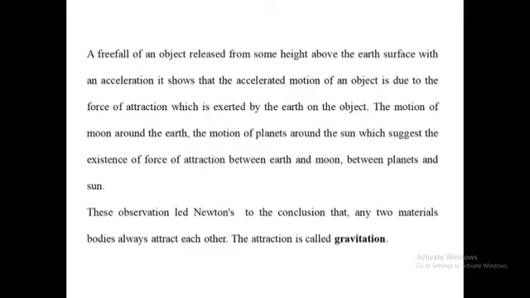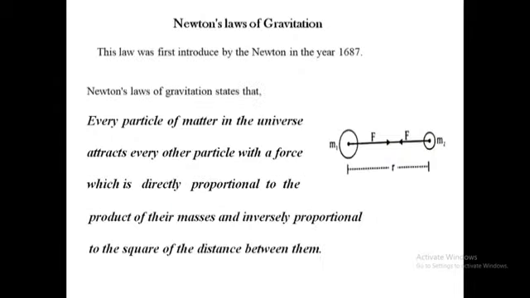For example, the motion of the moon around the earth and the motion of planets around the sun suggest the existence of a force of attraction between earth and moon, and between planet and sun. This observation leads Newton to conclude that any two material bodies always attract each other, and this type of attraction is called gravitation.